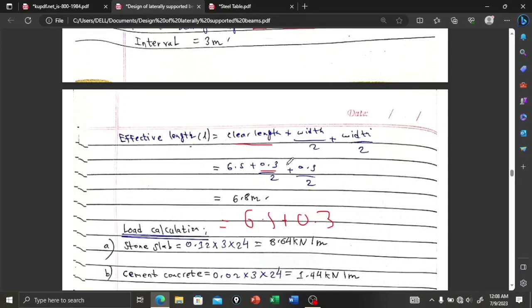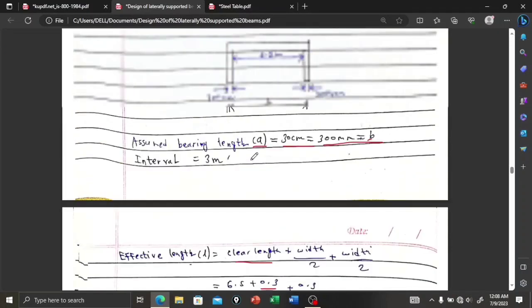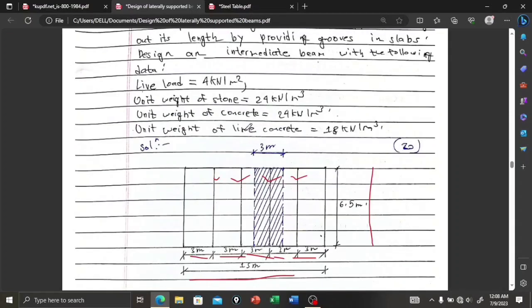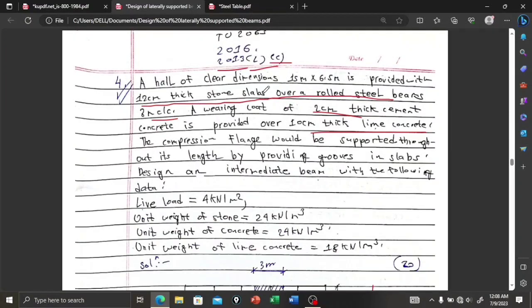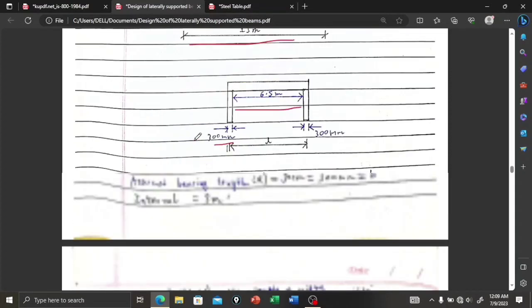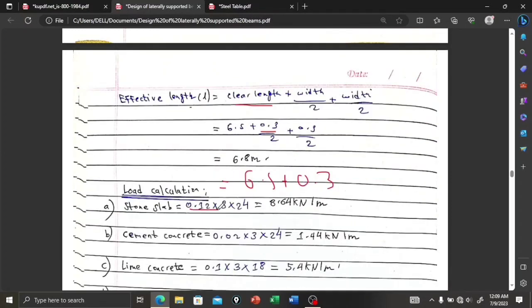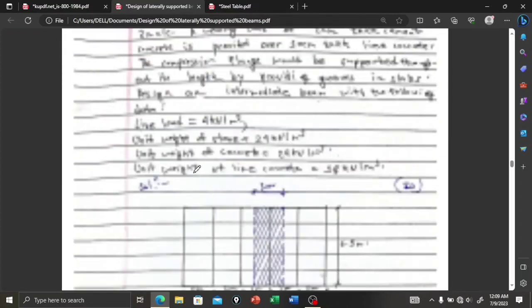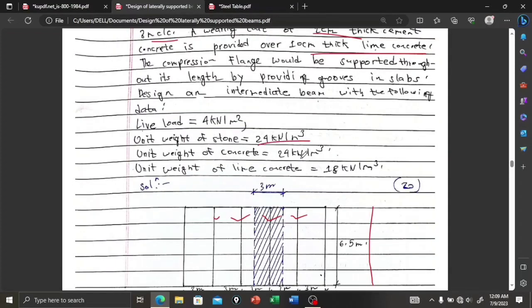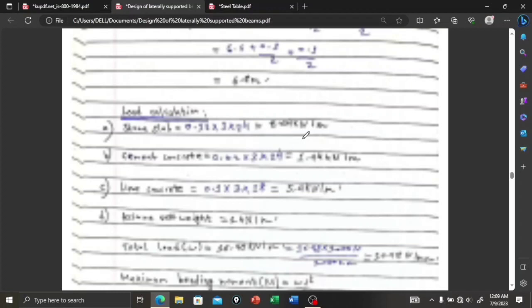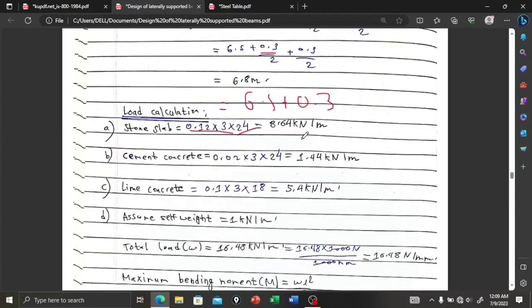Now load calculation for stone is 12 cm thick. 12 cm converted to meter is 0.12, and 3 meter is center to center distance, and 24 is for stone, it is 24 kN per meter cube. So this is 8.64 kN per meter.